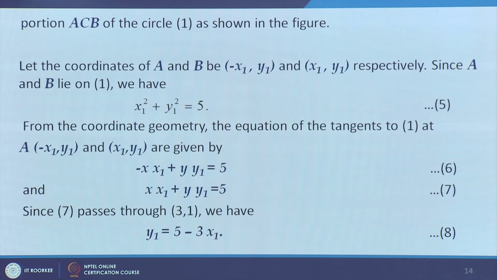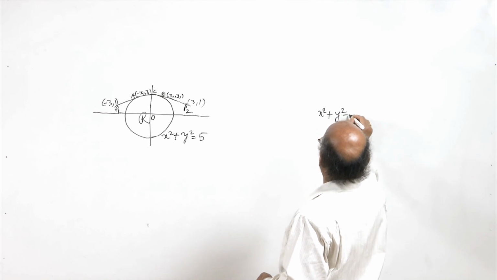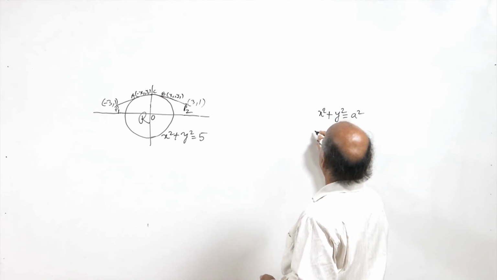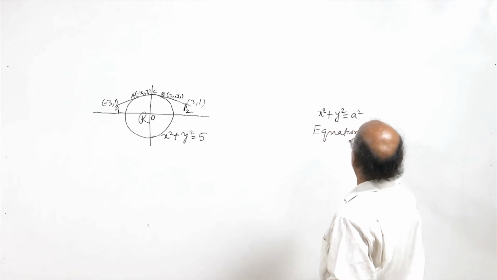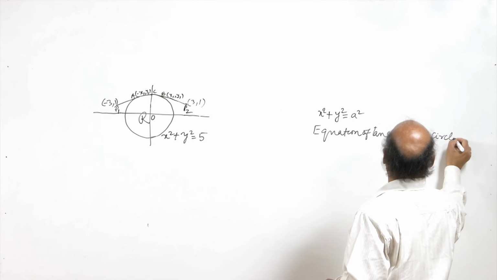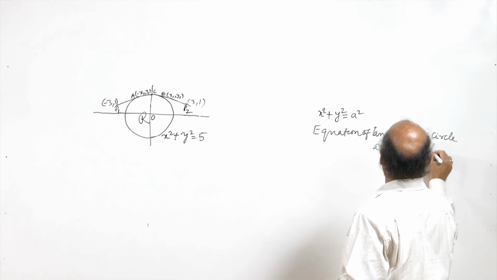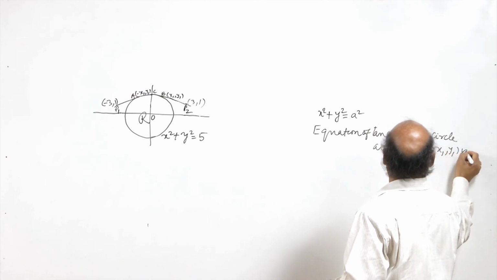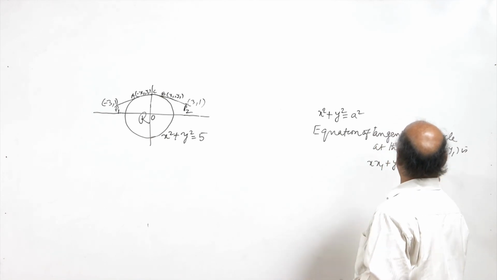Now, from coordinate geometry we know that if we draw a tangent to the circle x square plus y square equal to a square at the point (x1, y1), the equation of the tangent to the circle at the point (x1, y1) is x x1 plus y y1 is equal to a square.